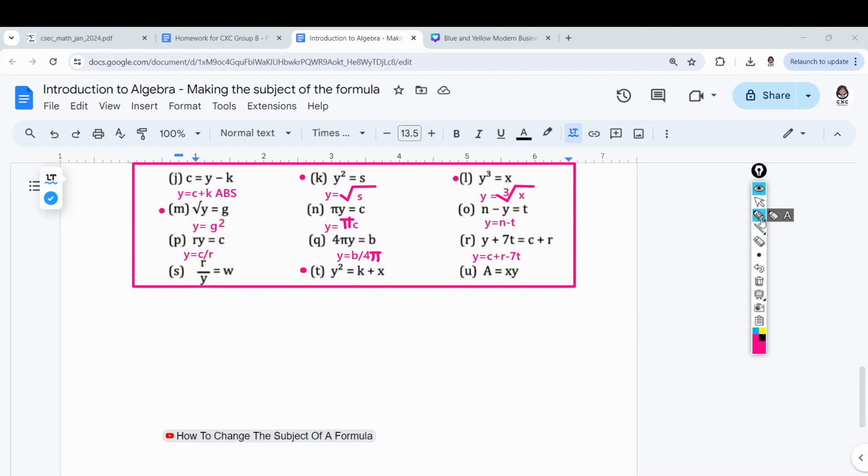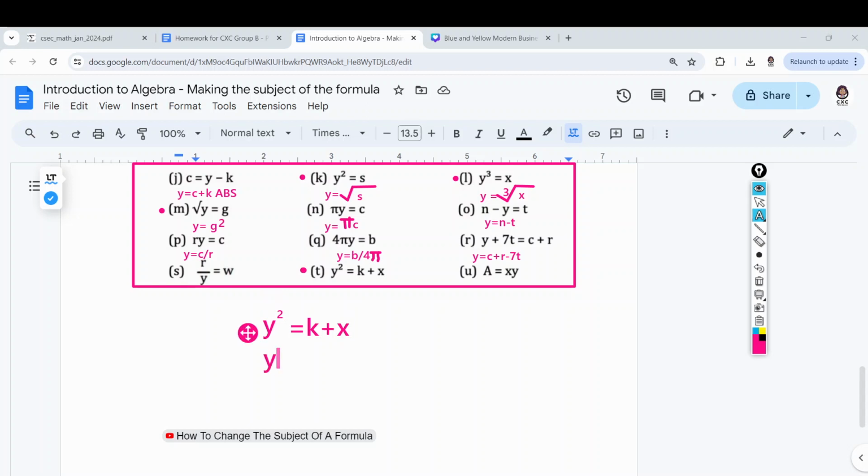All right, okay, guys. So for this one, we have y squared is equal to k plus x, right?